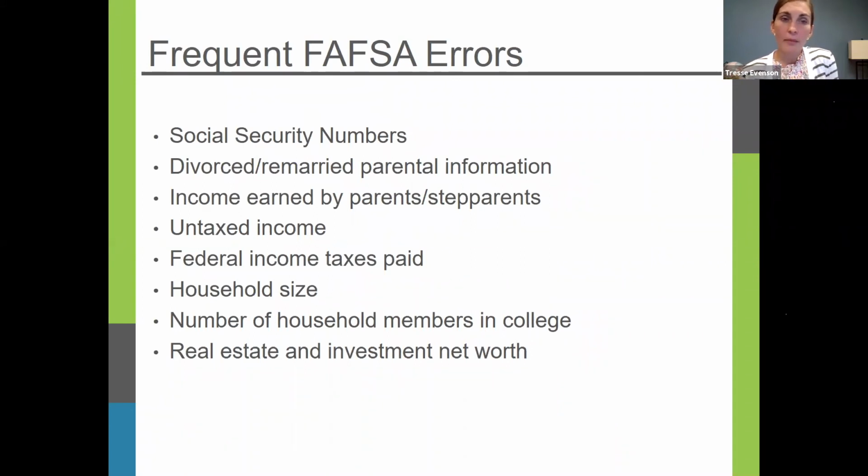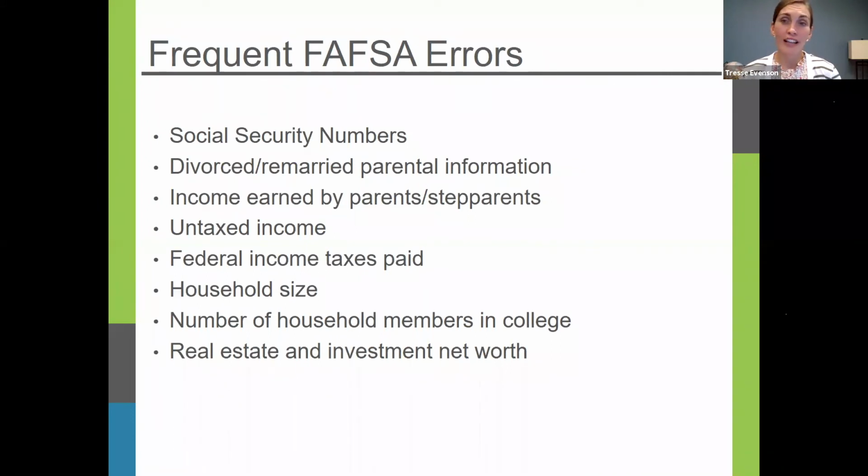All right, some common FAFSA errors. Social Security numbers. If you transpose a couple numbers in the Social Security number, the easiest way to fix that is to start all the way over. And that's extra work. But if you try to correct a Social Security number on the student that was initially entered wrong, it will just drag along forever and cause you problems and problems and problems.